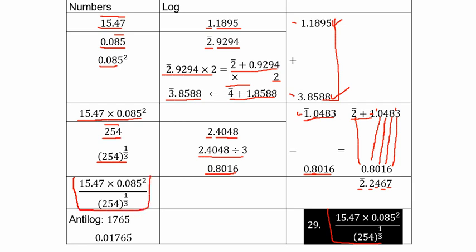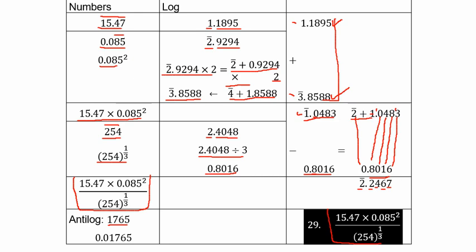So next thing is to check the antilog. In the antilog, we are interested in the decimal part, that is 0.24 under 6, difference 7. That will give 1765. Bar 2 means 2 zeros before the first non-zero number, that is 1.